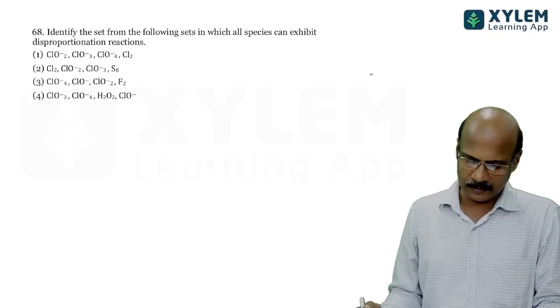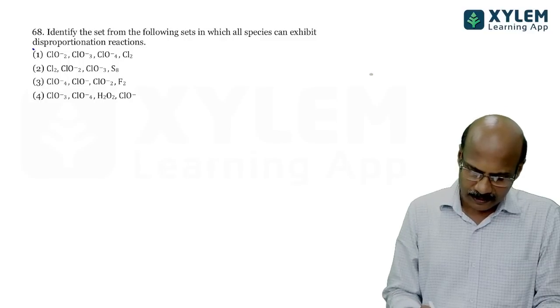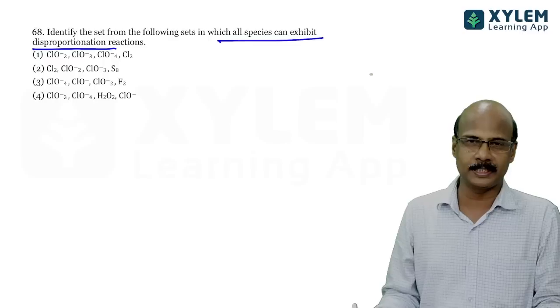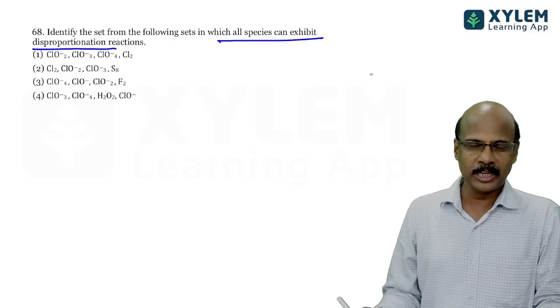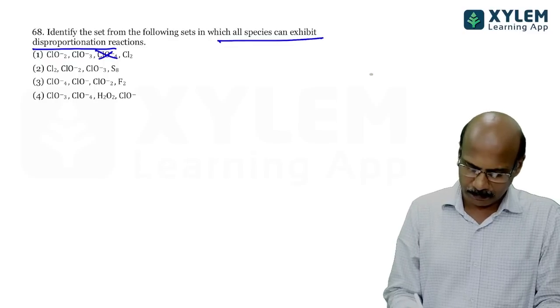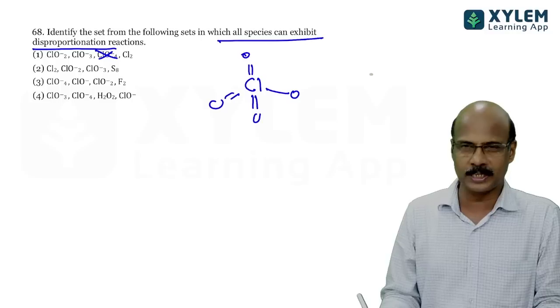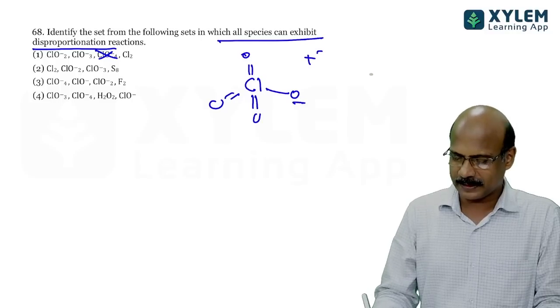What about question number 68? The question asked is about disproportionation. All species exhibit disproportionation. Clearly, you will omit the first option because there is a perchlorate species. In perchlorate, the chlorine possesses the highest oxidation state, namely +7.